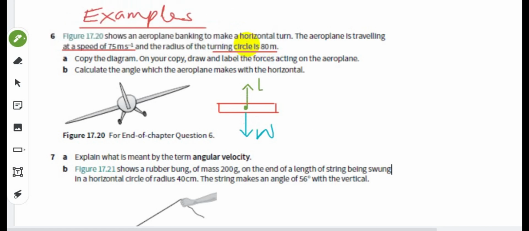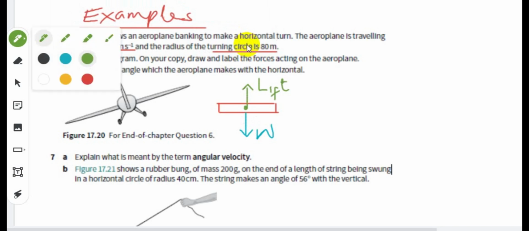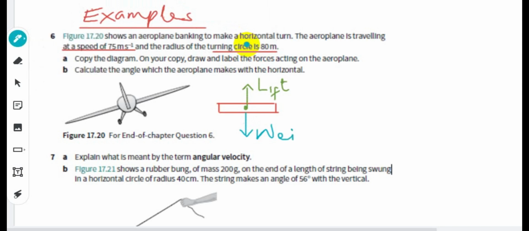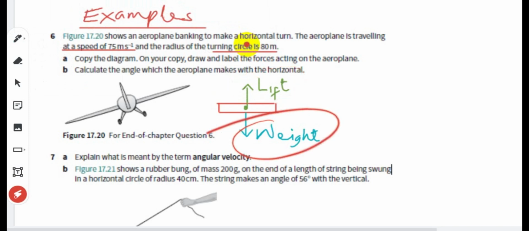That's what we call lift, L. The weight is W. So lift has to be equal to weight for that to happen. However, this can only work if the aeroplane is moving in a straight line.